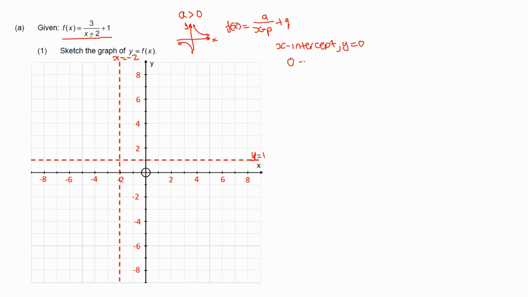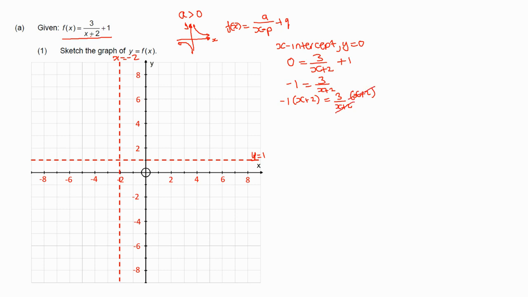So 0 is equal to 3 over x plus 2, plus 1. We transpose the 1 to the other side, and it becomes -1 is equal to 3 over x plus 2. We multiply both sides by x plus 2: -1 times x plus 2 is equal to 3 over x plus 2 times x plus 2.